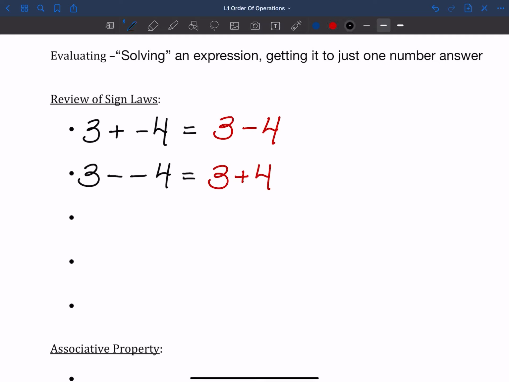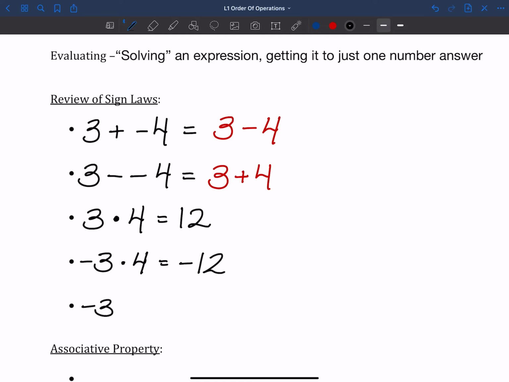All right. Another sign law that we might run into: we already know that 3 times 4 is just multiplication, right? That's going to give us 12. What I find is that a lot of people get a little tripped up when there's some negatives involved, like -3 times a +4, right? So if you have a negative times a positive, your answer will be negative, right?